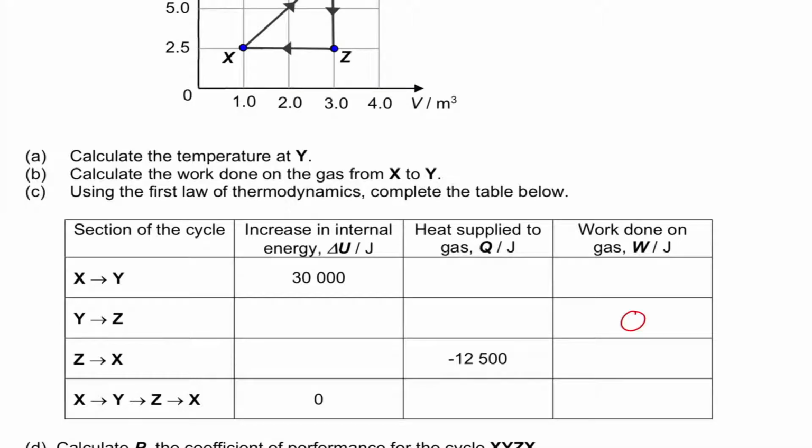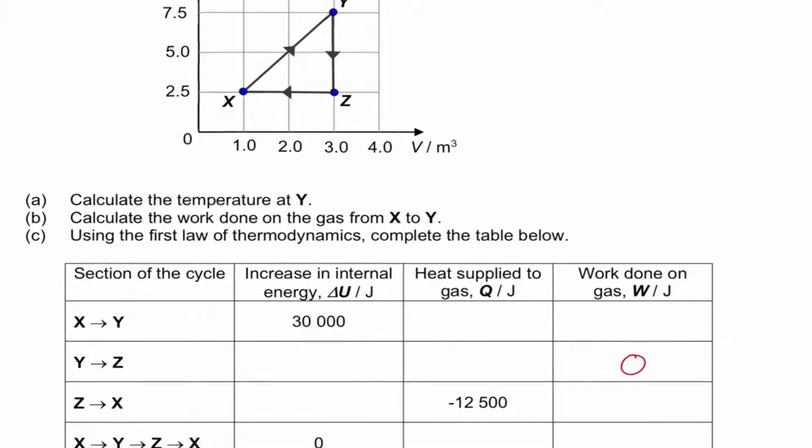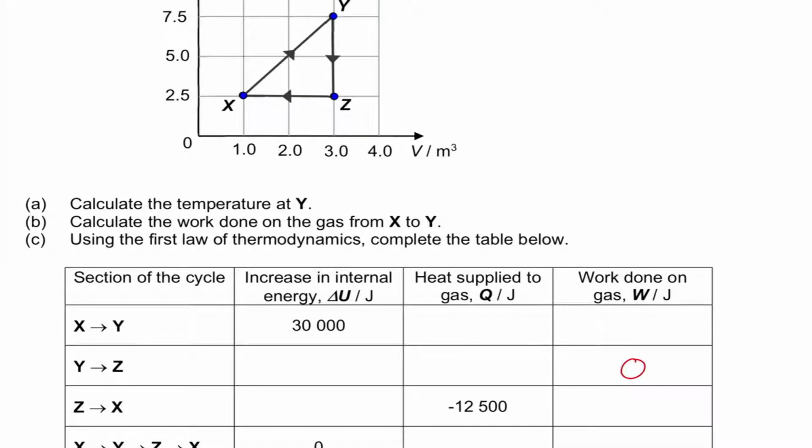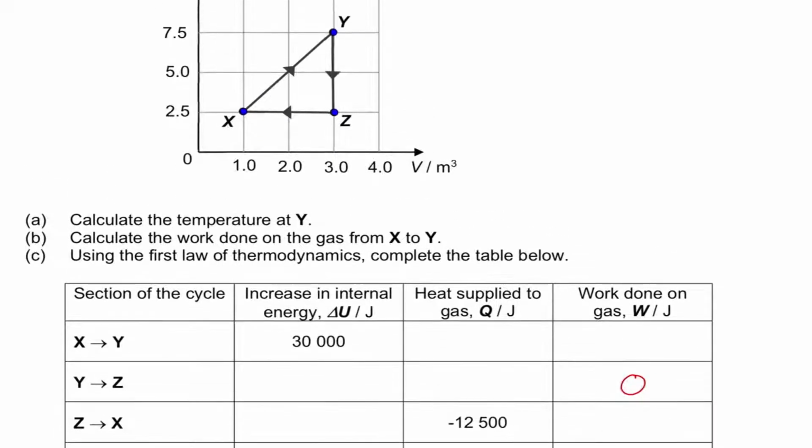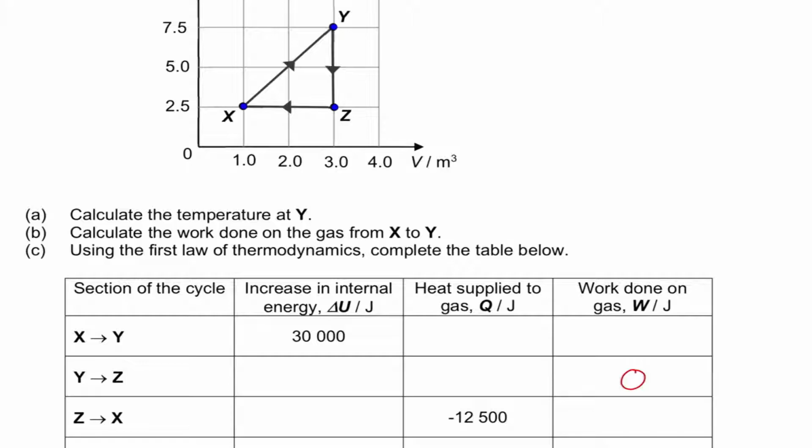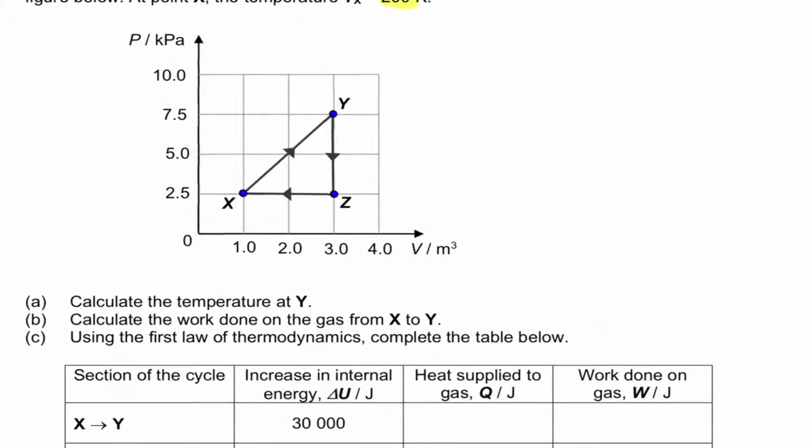Okay. Next, we have work done between X to Y. X to Y we can find easily. So X to Y work done is this area here. Let's write it down. So this is an expansion, right?